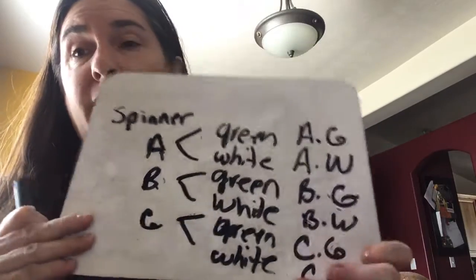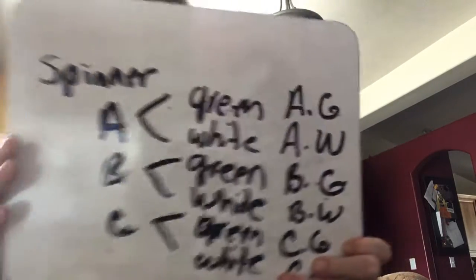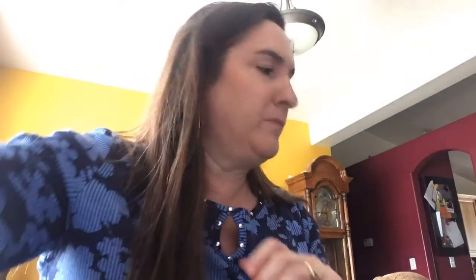Okay, we're going to do one last problem, and that's number 7. And all we're going to do is draw the tree. You see this tree? For spinner, ABC, marbles, right? Okay, we're going to do that one more time.